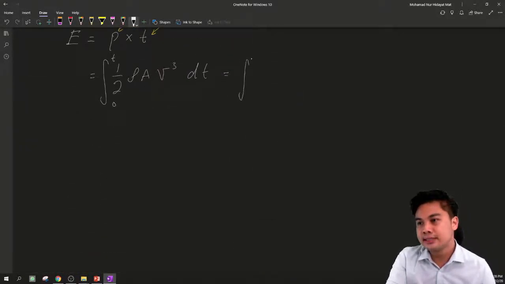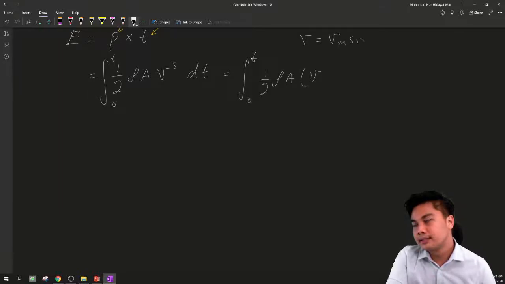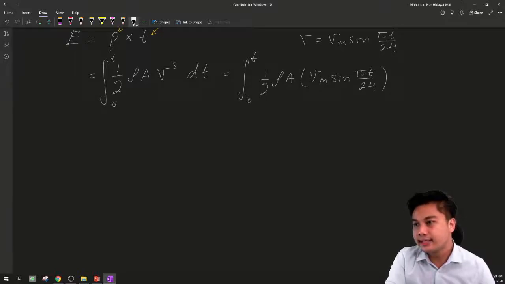So just replace again, integrating from 0 to time, 1 over 2 rho A, and V here is Vm sine pi t over 24, cubed, and then dt.